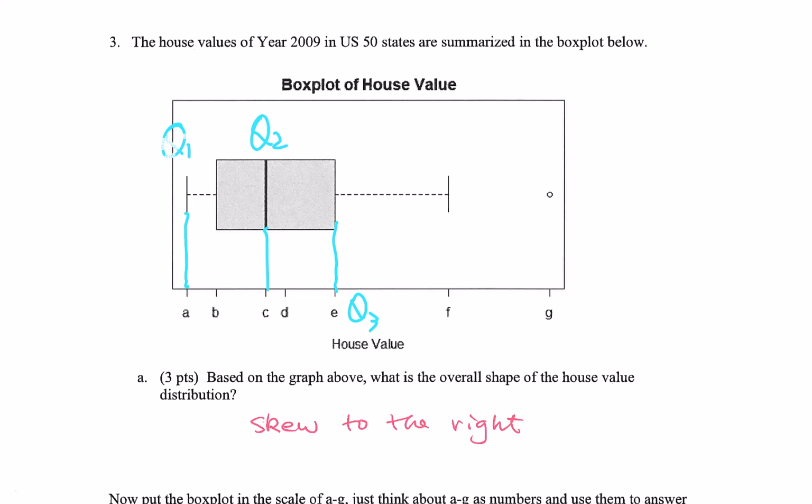Okay, this is not Q1. This should be the minimum number. Okay, minimum. And B is Q1. C is Q2. E is Q3. And then this guy, this whisker, if there is no outlier, because this is outlier.